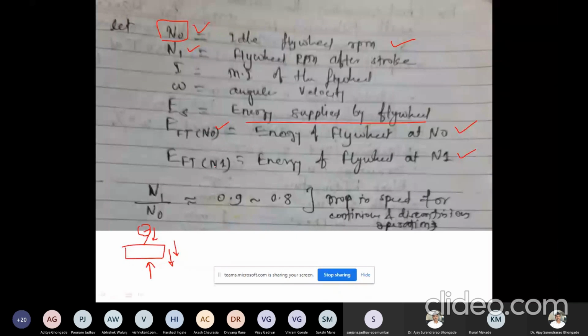So Es is the energy supplied by the flywheel, and that energy is used for the cutting, blanking or drawing operation.